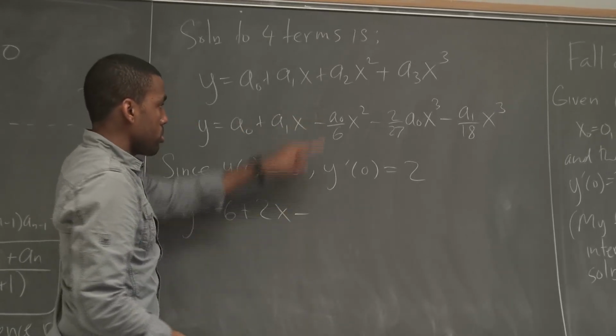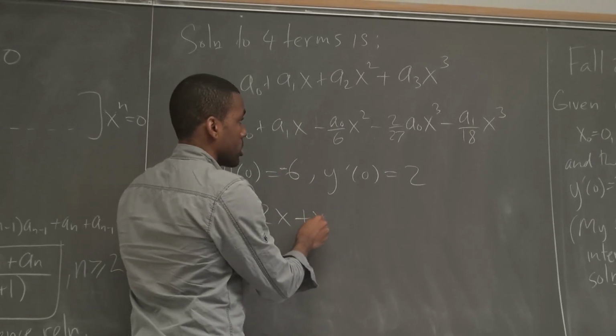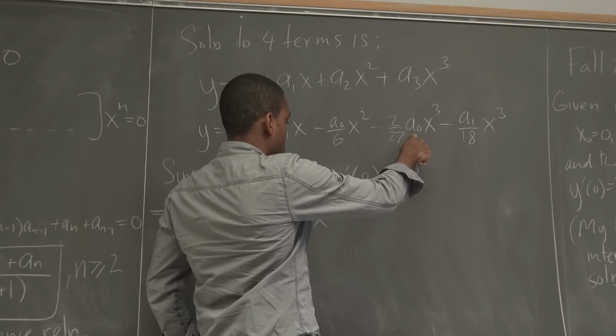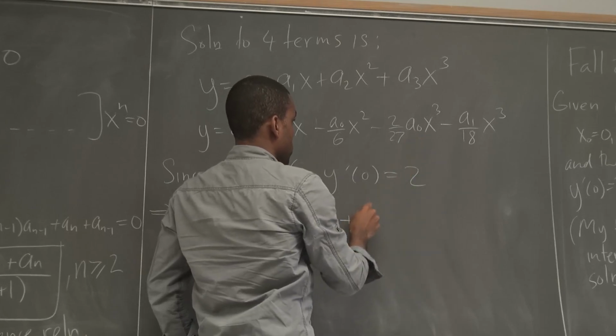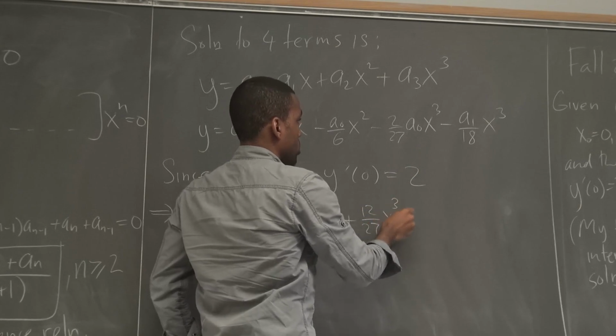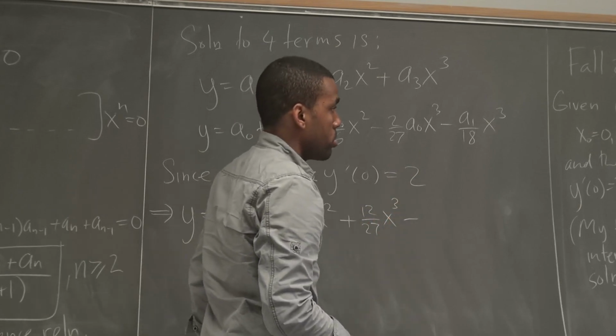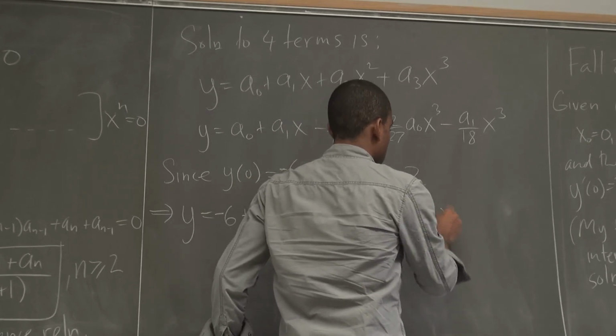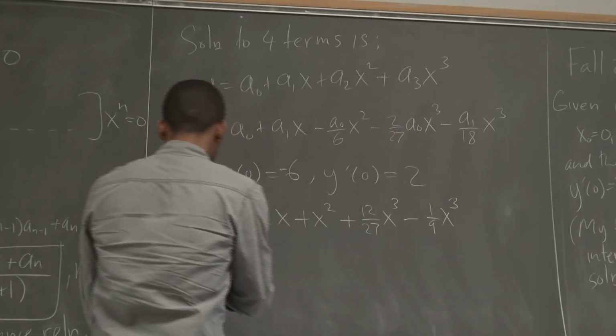So this I'd replace with minus 6. This I'd replace with minus 6, so this is plus 12 over 27 x cubed. A1 I would replace with 2, so this is just minus 1/9 x cubed.